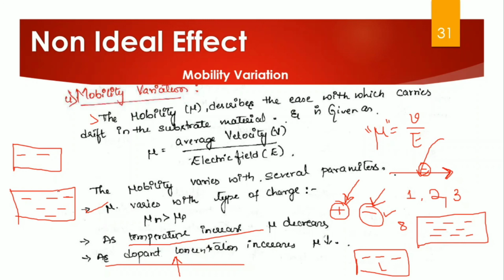Even though there are ions available for charge carrying, the mobility is reduced because you have more charges in the given space. So these are the parameters that affect the mobility.